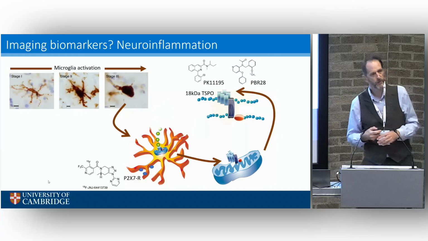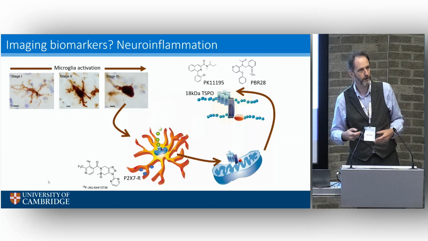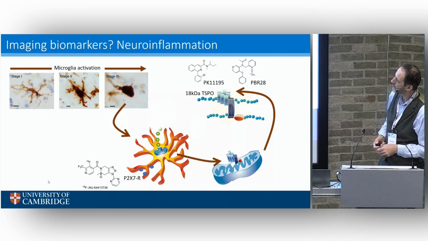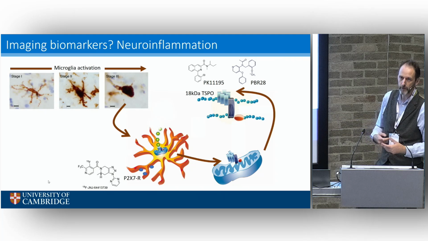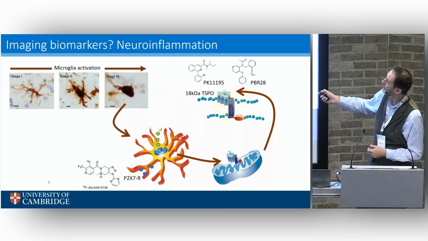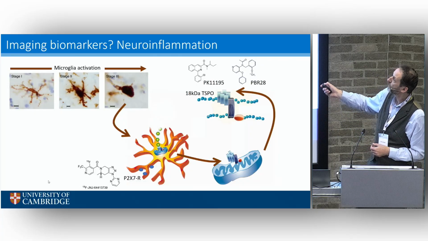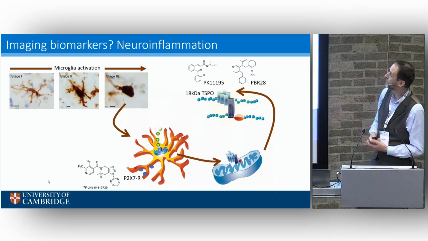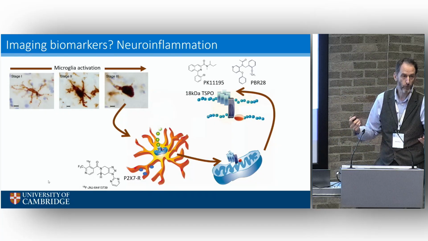But the majority of brain imaging through PET over the last 30 years has used the increased expression of a translocator protein within the mitochondria of the microglia. So you have this TSPO translocator protein, which binds to a number of molecules that we can use as radiolabeled ligands in a PET scanner. I'm going to talk about PK1195, that's all we use here.